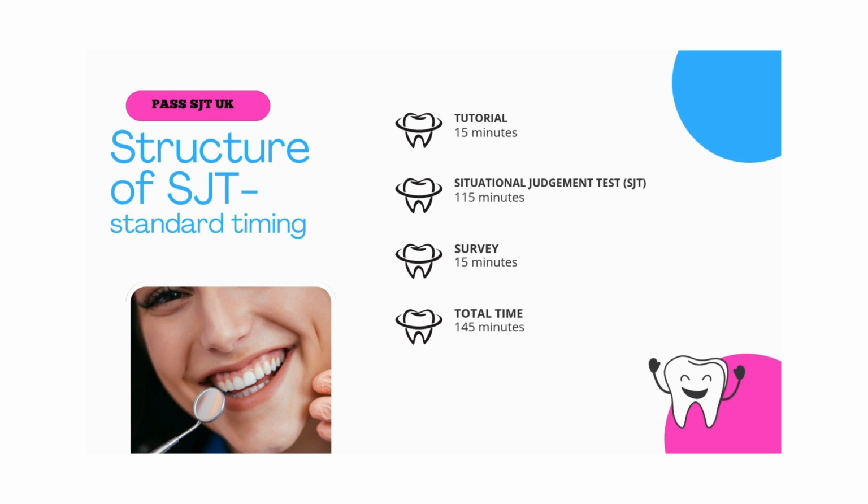Okay, and once this time has passed, you are again given 15 minutes to fill the survey form, which is more or less about the test centers, the facilities there, and how easy it was. So you have to rate them, you have to fill that survey form, and it totals up to 145 minutes. Okay.